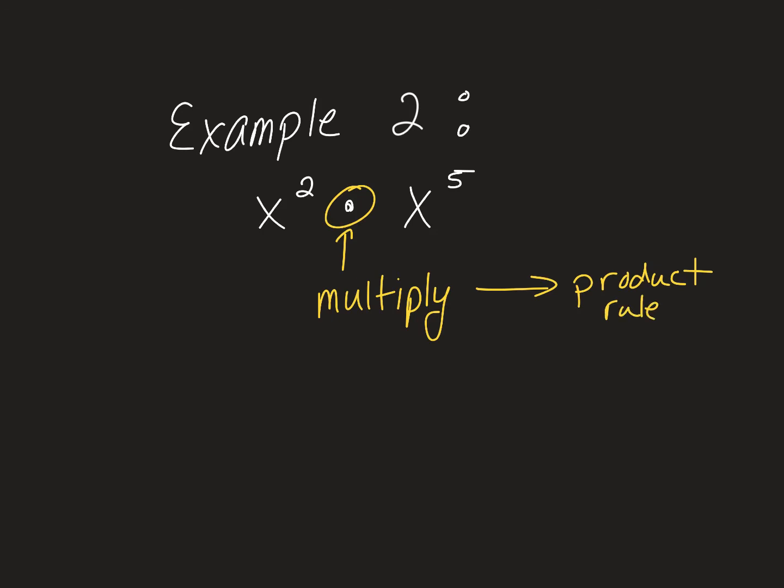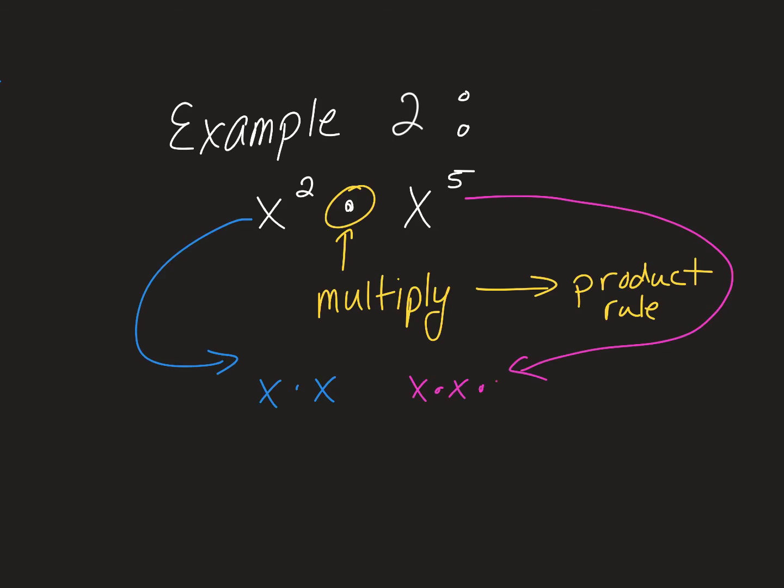So I'm going to show you the expanded form. So x to the second, remember, just means the same thing as x times x, because that exponent of 2 tells me how many times I'm going to be multiplying those x's together. And then x to the 5th power tells me I'm going to multiply x 2, 3, 4, 5 times because it's got that exponent of 5.